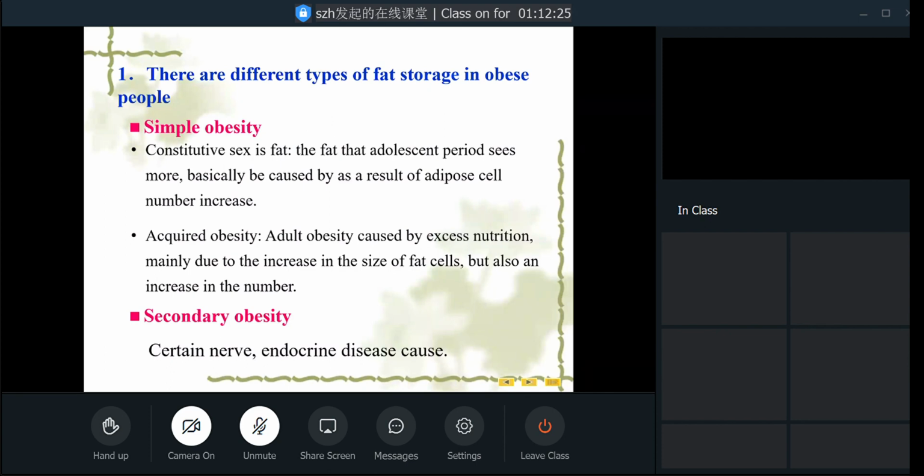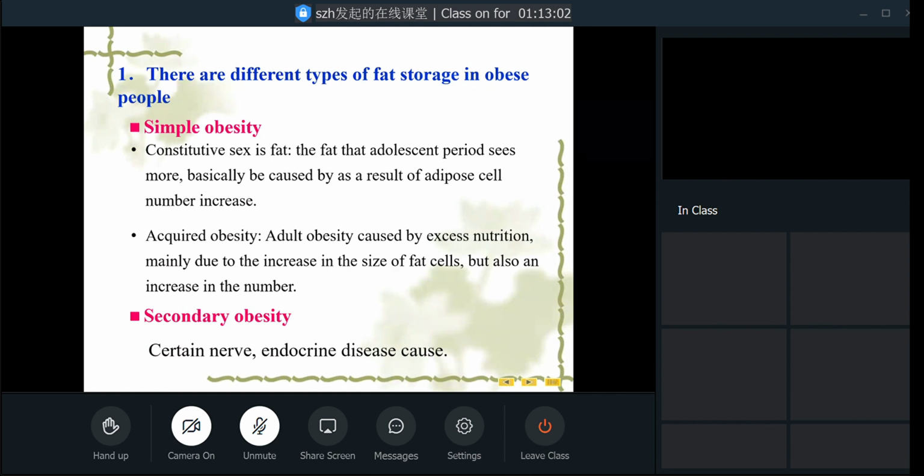On such conditions, there are different types of fat storage in obese people. For example, the primary obesity, which you can call constitutive obesity. At that time, the fat in the adolescent period is basically caused by an increase in the number of adipose cells, maybe increased cell proliferation.